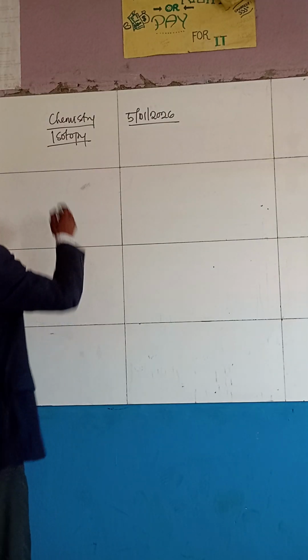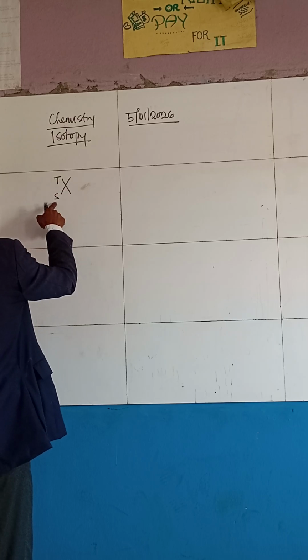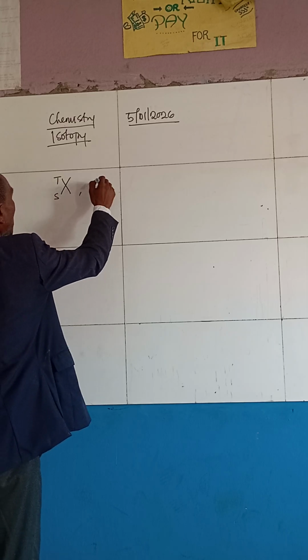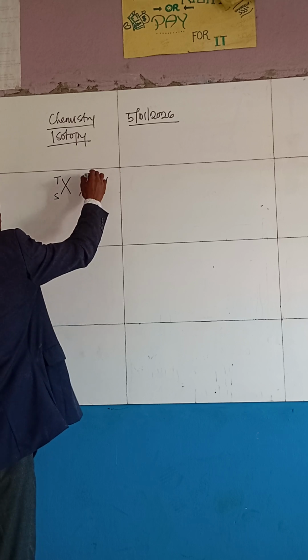Now look at this. You may have, let's say, X here, and we have T, we have S. Then this one, we have Y, we have T, we also have X. Or let's say we have R here.